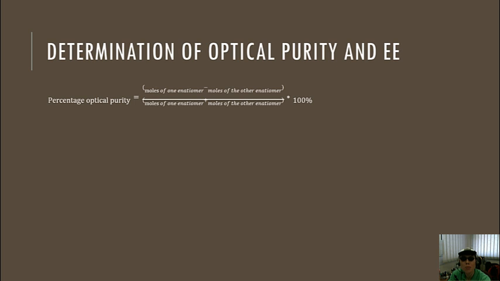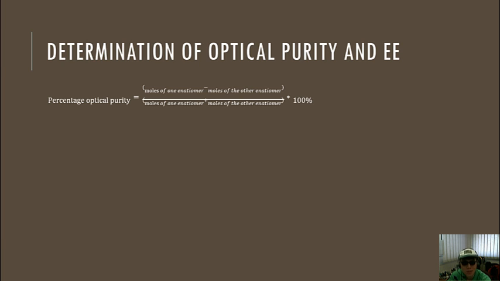Now, as mentioned earlier, polarimetry can be used to determine the optical purity and EE. EE stands for enantiomeric excess, okay, of the enantiomer. So this is the equation, percentage optical purity. The numerator is the number of moles of one enantiomer subtracted from the number of moles of the other enantiomer.